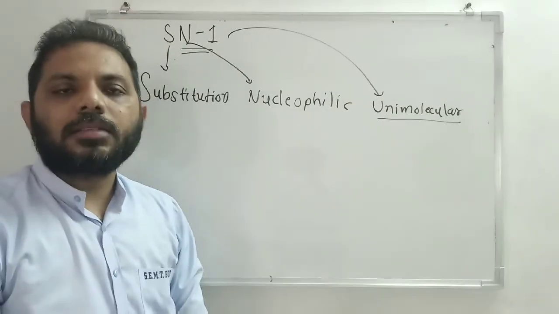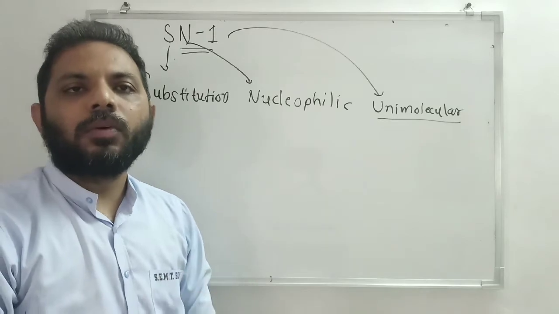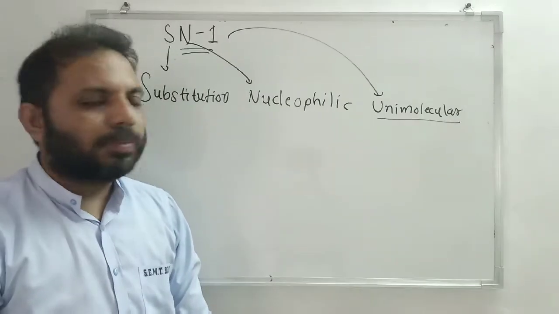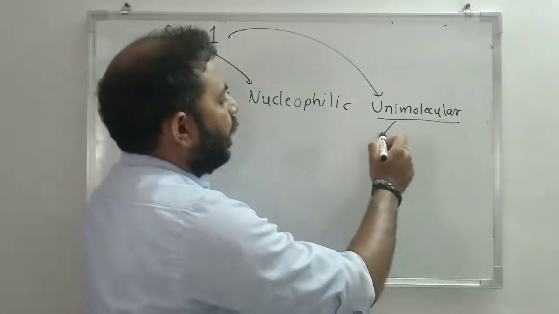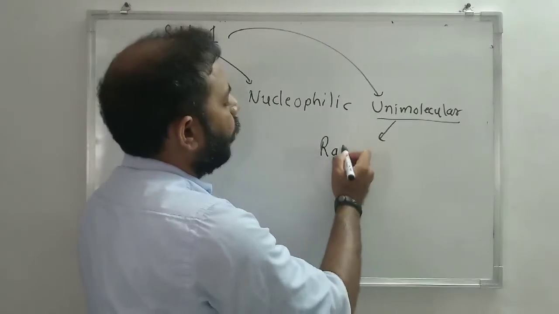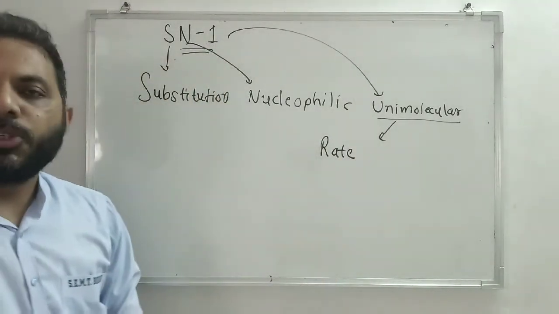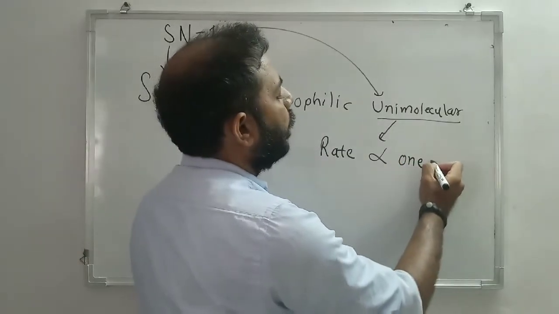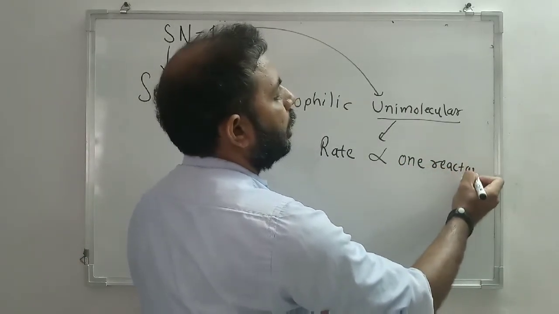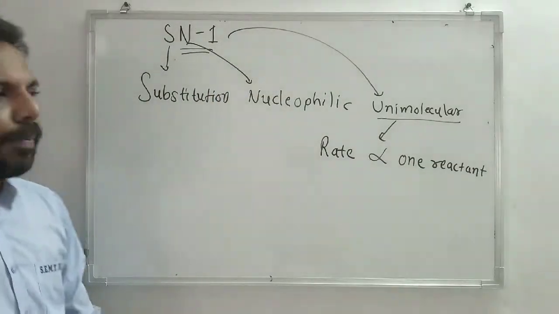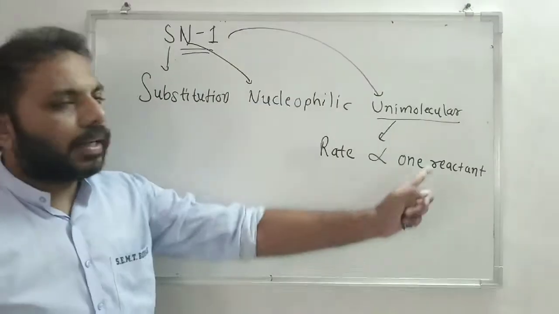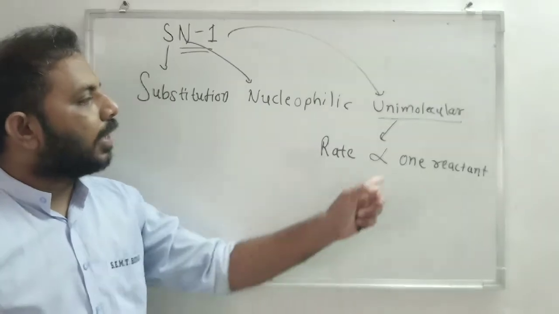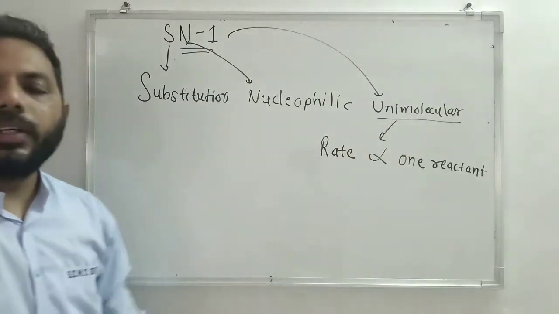Uni means single, mono, only one, which means the rate of this substitution reaction depends only on one reactant only. This reaction is dependent on one reactant only, and that is why it is known as unimolecular reaction.